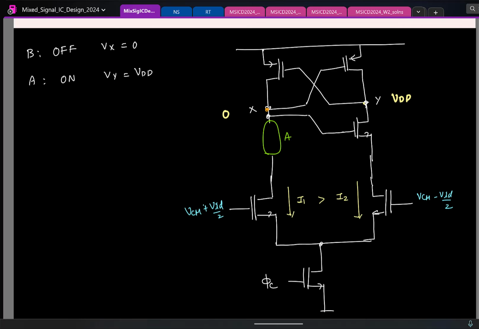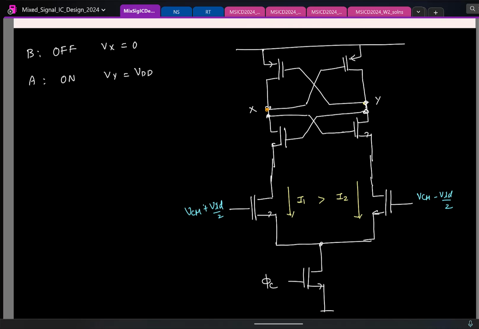Vy. So I'll again replace this. So now the hope is that when I add these transistors, they will shut off the direct path from VDD to ground. So you will not have a static power consumption once the comparison is done. That's the idea.